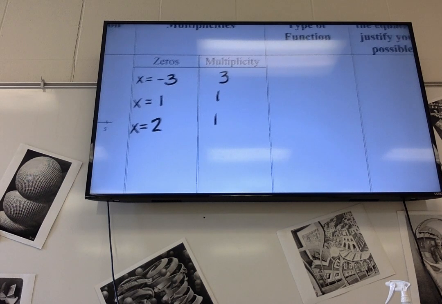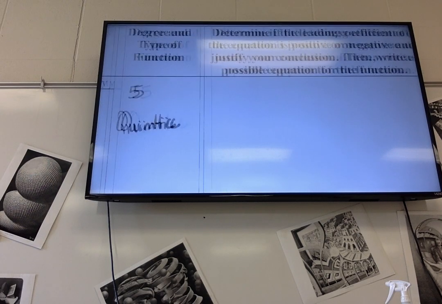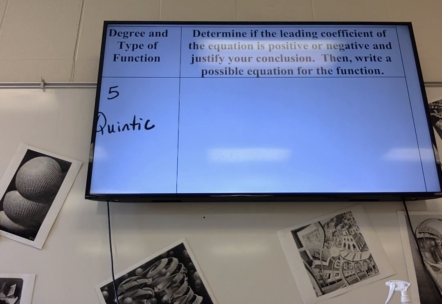All right, so Justin, what's the degree? 5. Yes. Degree is 5, so it's a quintic. And would it have a positive or negative leading coefficient, Shelby? Negative.